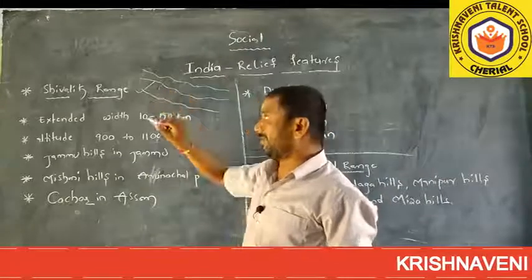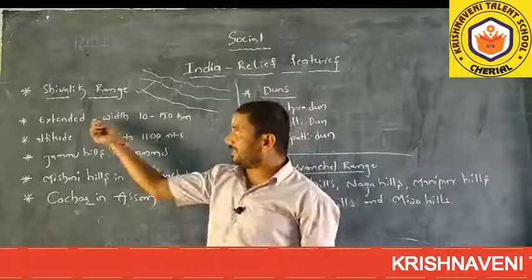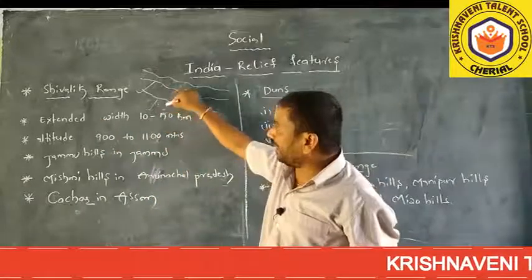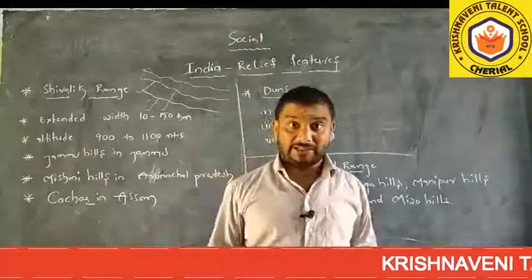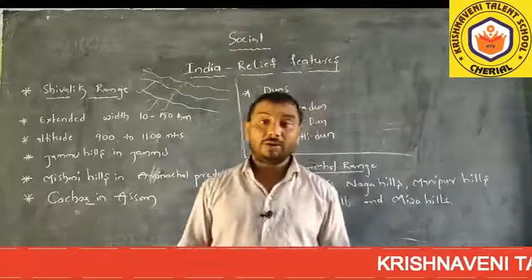Now, the Shivalik Range extends over a width of 10 to 50 kilometers. In some areas the width is 10 kilometers, in some areas 20, 25, 30, 35, 40, 45, up to 50.